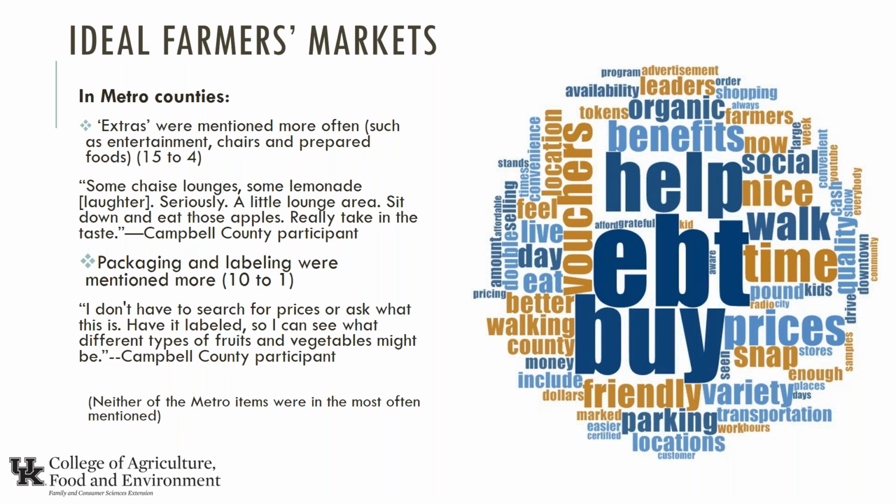And packaging and labeling. They mentioned lots of times they don't want to have to search for prices or ask what it is. Have it labeled so I can see what different types of fruits and vegetables might be.